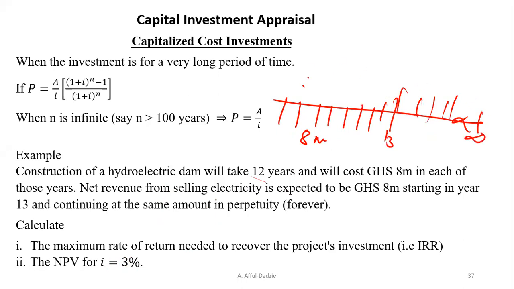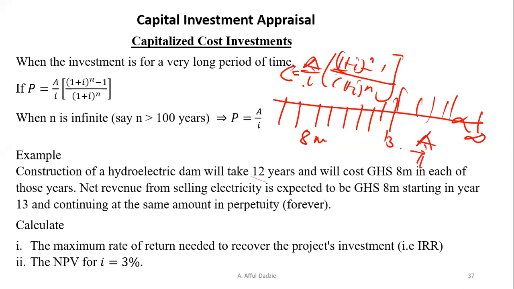For this side, we'll use our A over I times ((1 plus I) to the power n minus 1) all over (1 plus I) to the power n, to solve for the cost aspect. And then for the revenue, we'll have A over I. Now, with A over I for this, we will do our revenue minus cost.